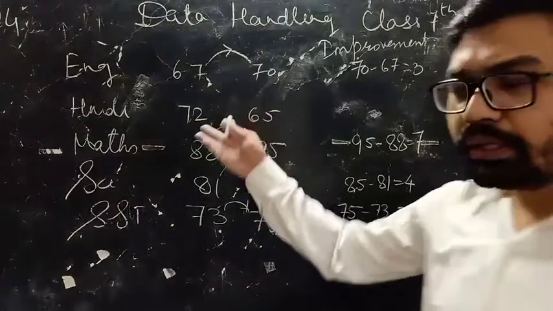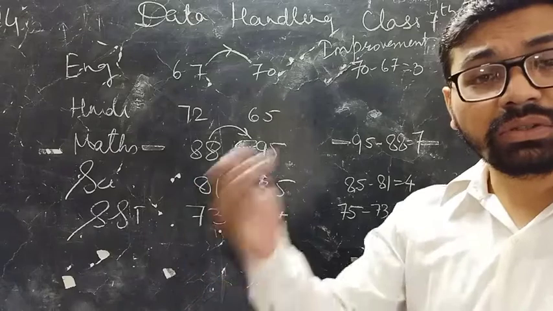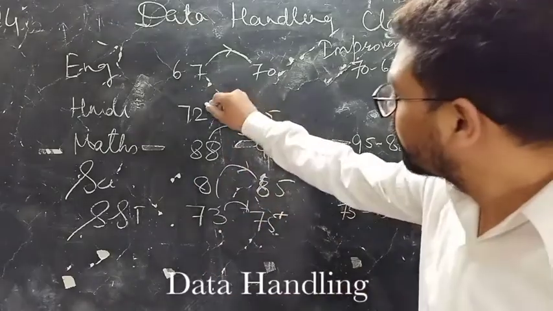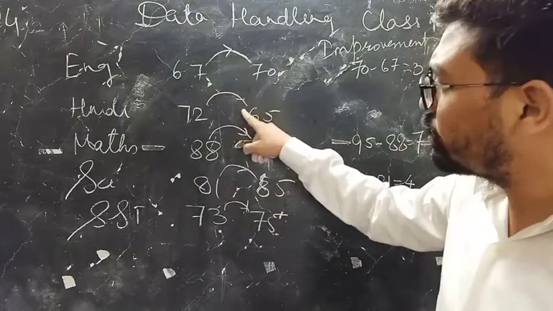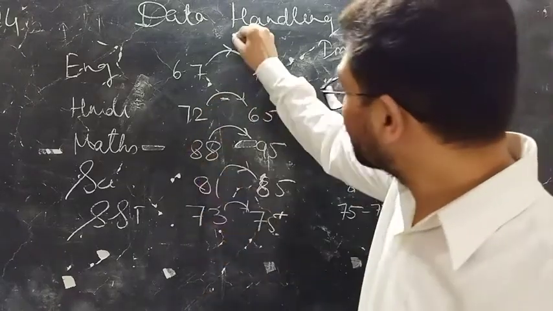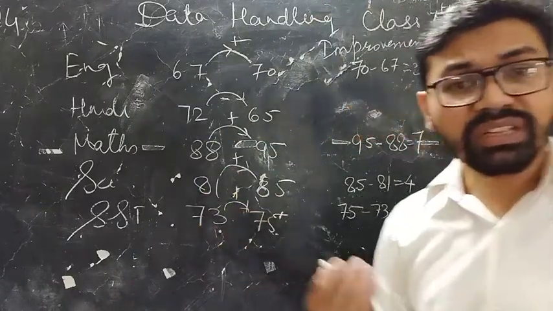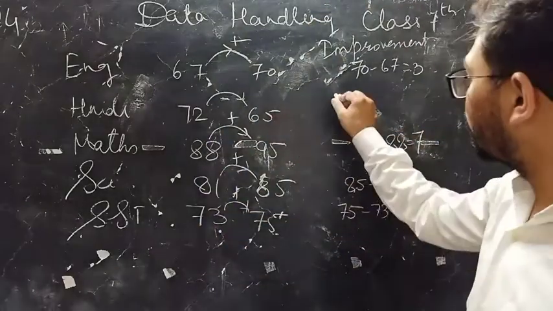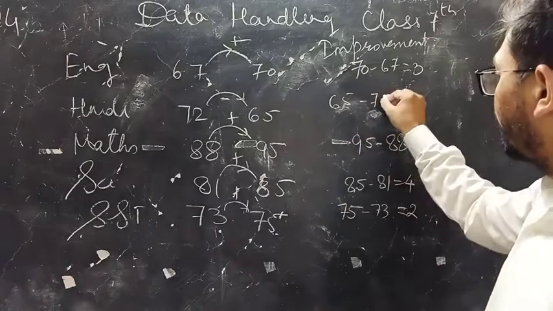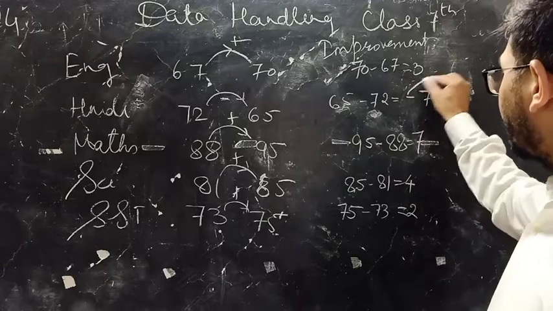But what about Hindi? In Hindi his performance has not improved, rather it has gone down. From 72 to 65, the improvement is negative, while in the other subjects it is positive. You can write 65 minus 72, that is minus 7. What does minus indicate?